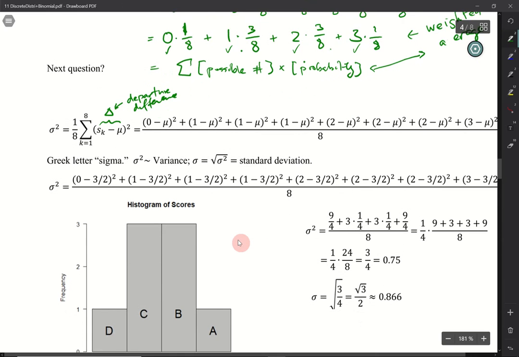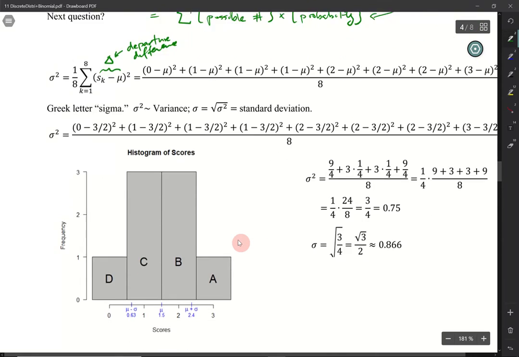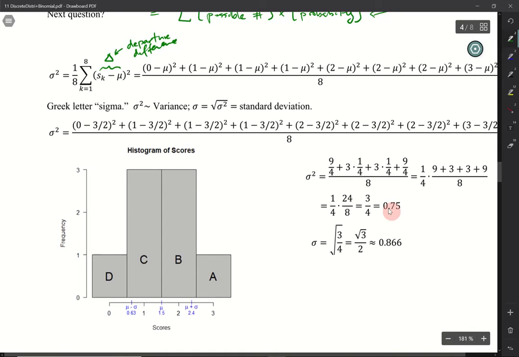If we multiply that out, we come up with 0.75, and that's the variance. The standard deviation is the square root of this. Sometimes we write SD for standard deviation.